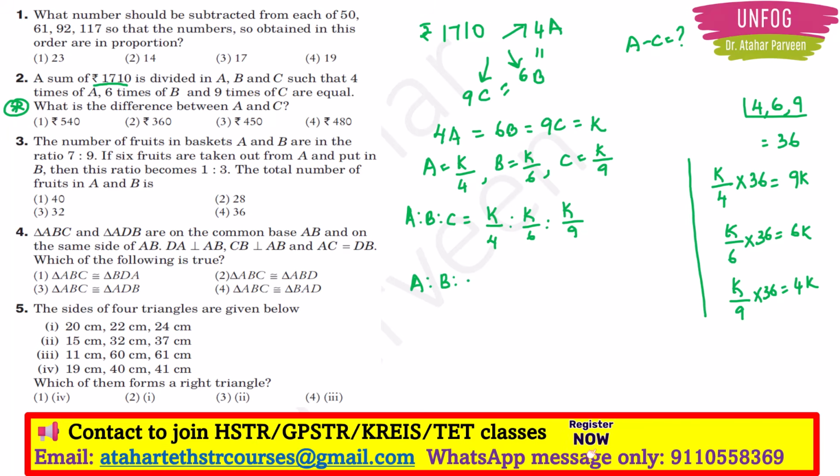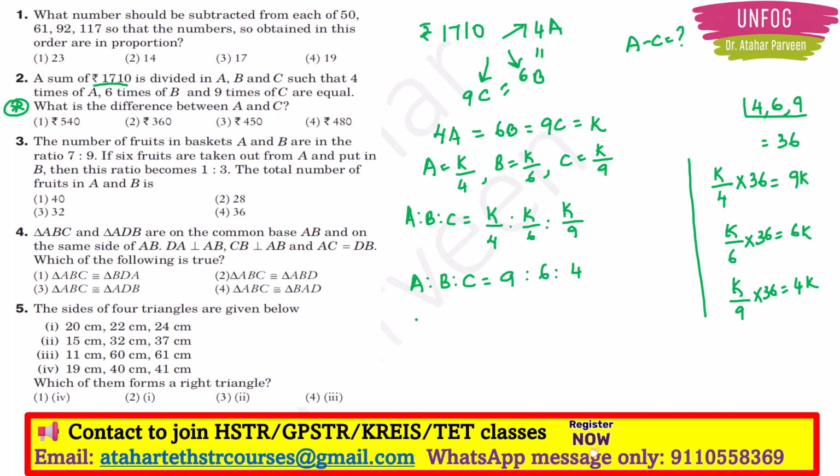A is to B is to C. I will just substitute the values there. 9 is to 6 is to 4 times that K, which is a constant, which we don't want now, right? Right now we are worried about the difference between A and C. So once I got this ratio, I have to find out A's amount and C's amount.